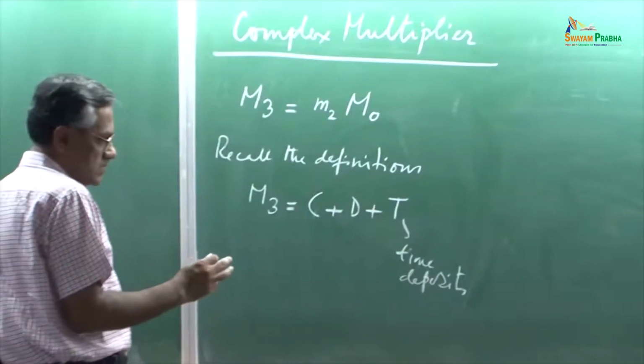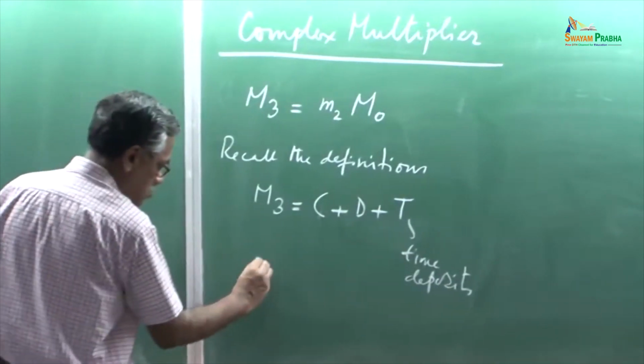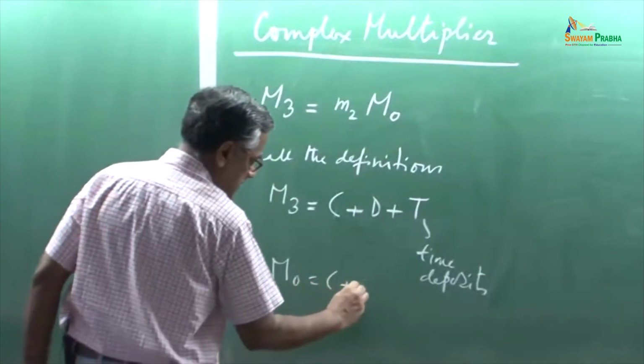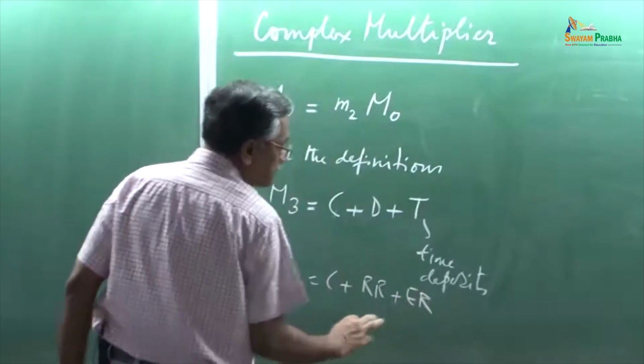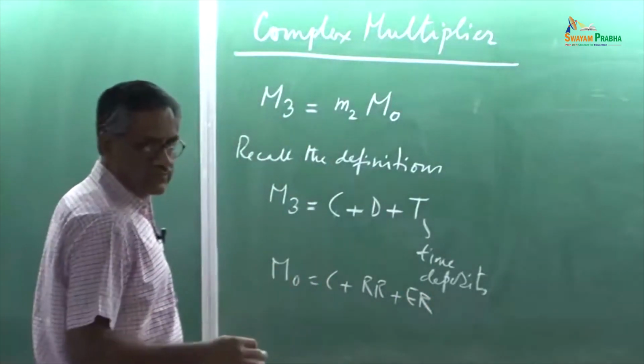Demand deposits plus time deposits, and M0 is currency plus required reserves plus excess reserves. This is what you have.